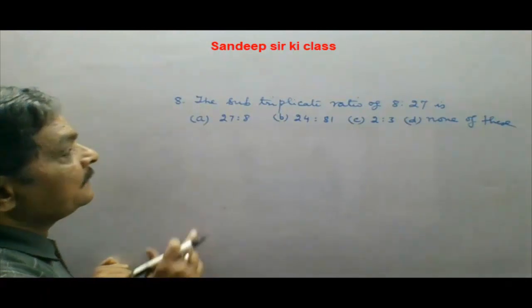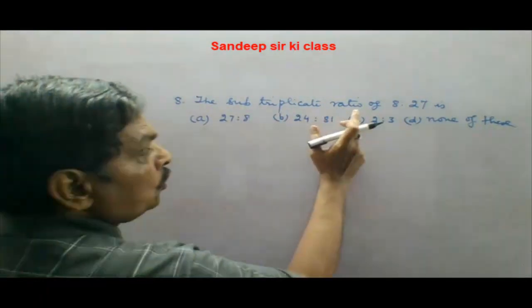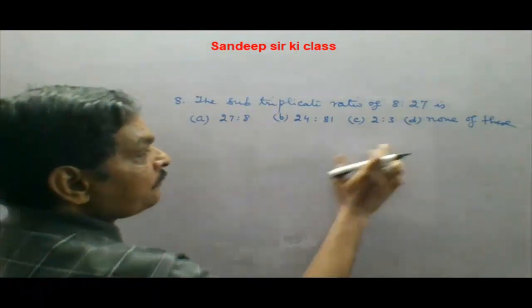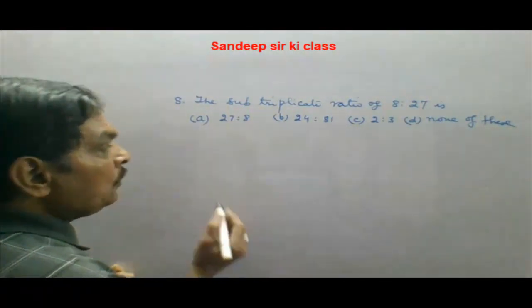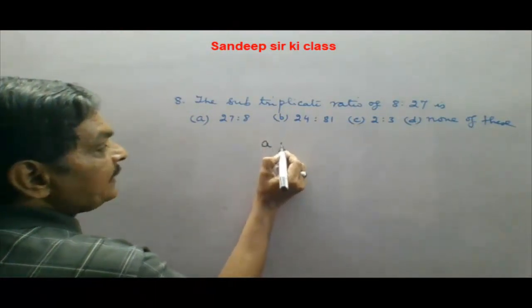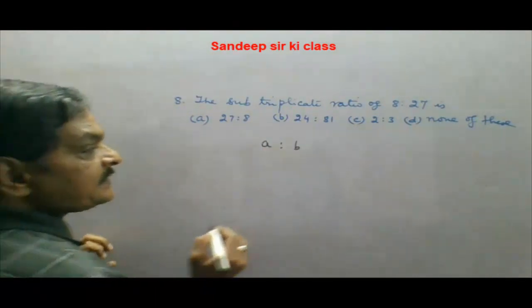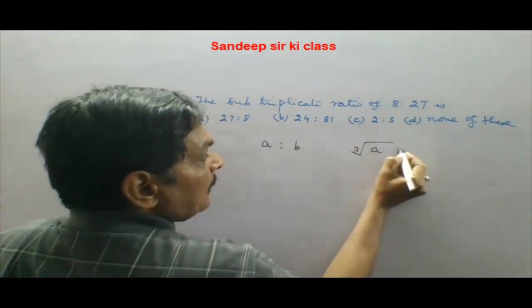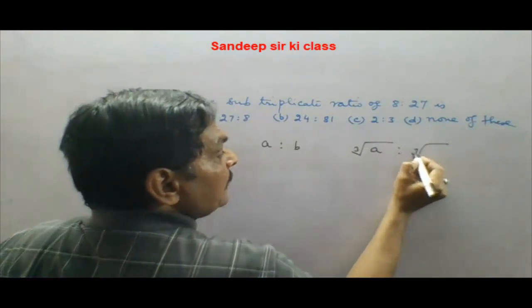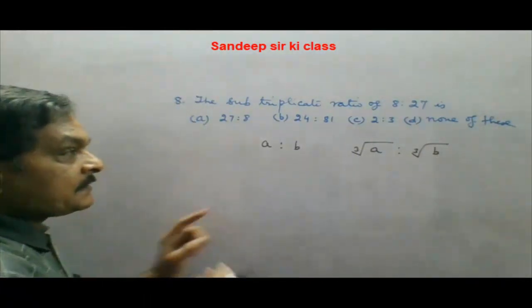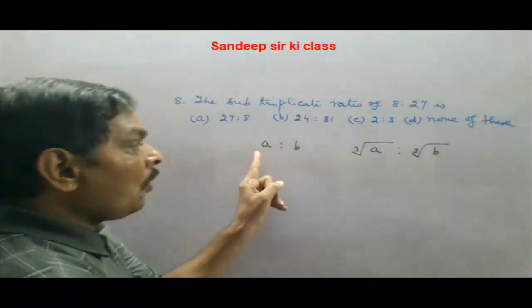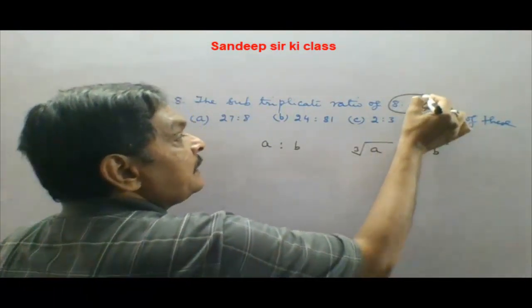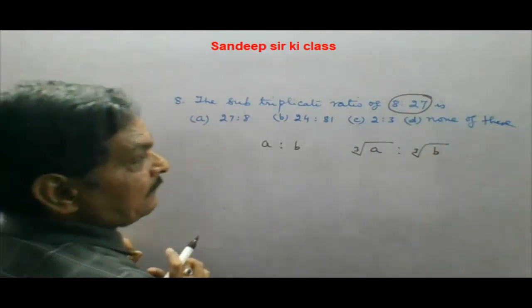Question number 8. The subtriplicate ratio of 8:27 is, and these are the 4 options given to us. We know if the ratio is A is to B, then its subtriplicate ratio is cube root of A ratio cube root of B. Now here we have been given the ratio as 8:27.